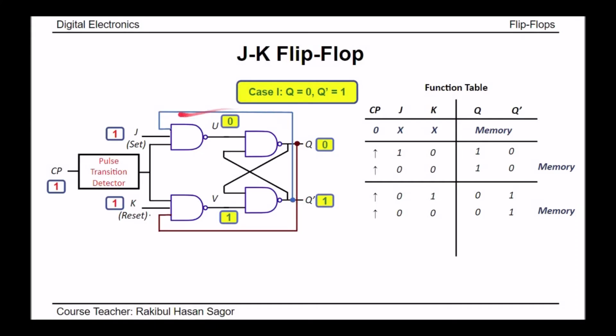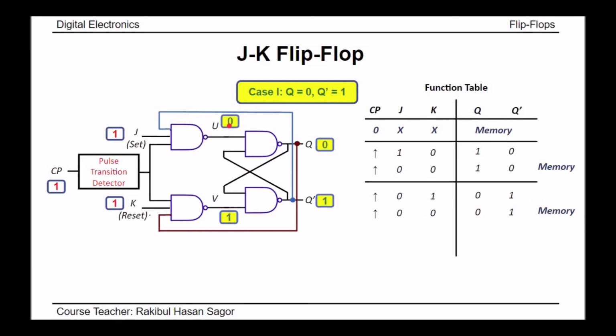Here we have clock pulse equal to 1, J equal to 1, and one feedback that is coming from Q prime. The value of Q prime we have taken as 1. So these 1 1 1 will give us the value of U equal to 0. So we have 0 here, 1 here.